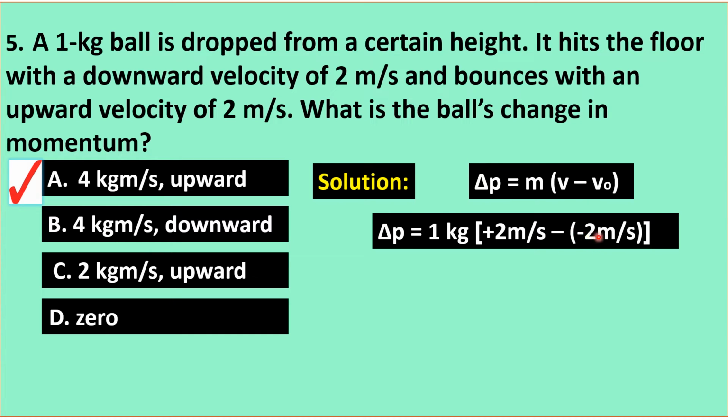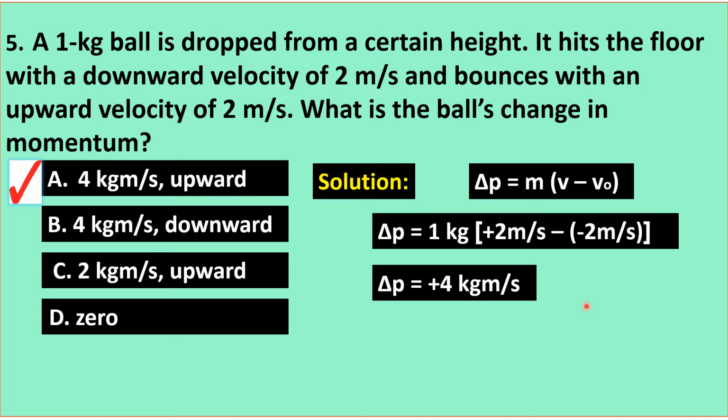minus quantity, negative 2 meters per second, because the initial direction of the velocity, according to the problem, is downward. All right. And we have an agreement that downward velocity should be represented by a minus sign. So what's going to be the result when we do our algebra?